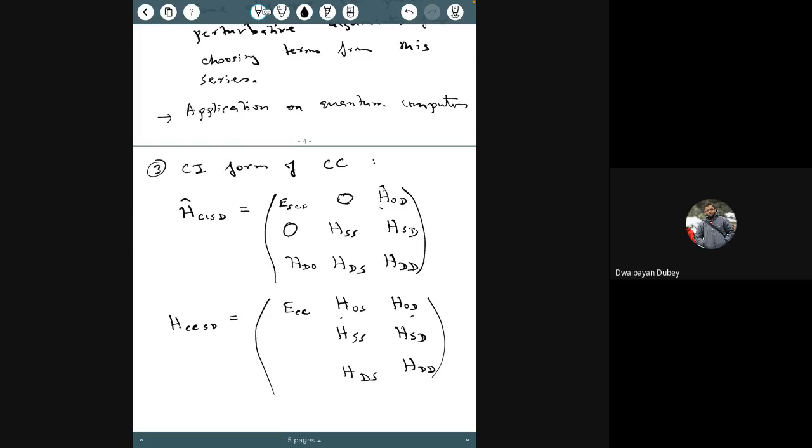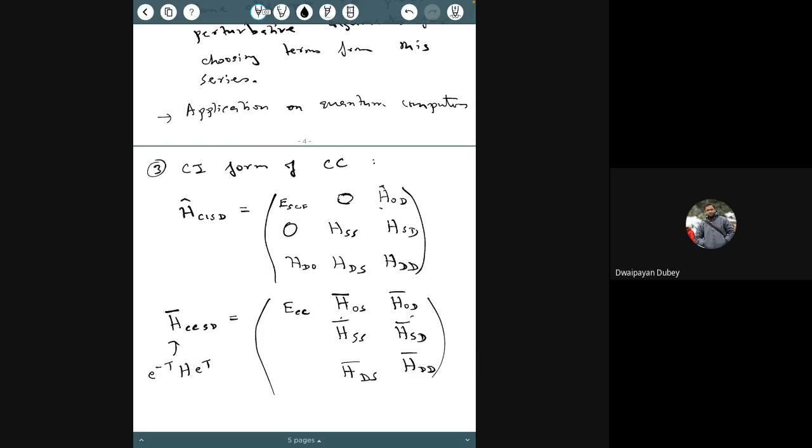What I can do is put some bars here. So H bar CCSD is e to the power minus T H e to the power T, so then you will not get confused. So it's like this. And what about this side?